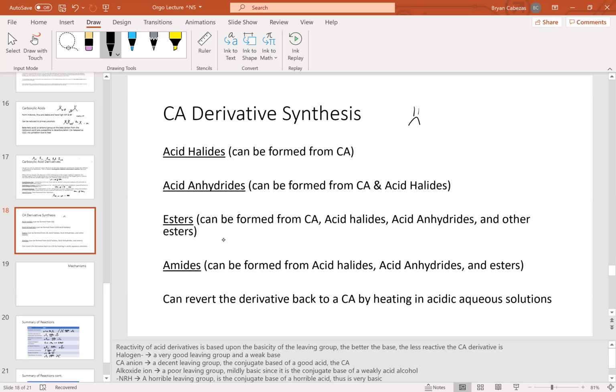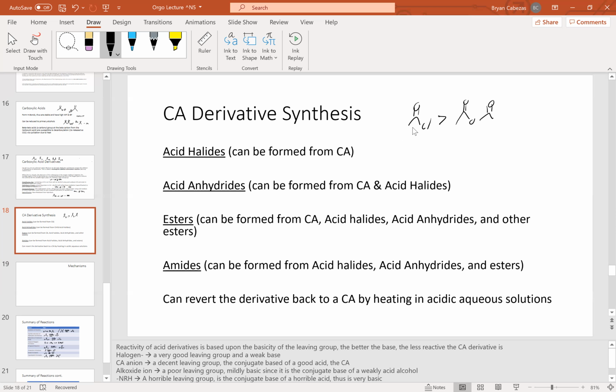and what we find is that the Cl is the most reactive, and that's why the acid anhydrides can form from it. The esters can start off from an acid halide. The amides can interact with an acid halide. Next in the reactivity is the acid anhydride. So we'll find the same pattern: the acid halides can't be formed from an acid anhydride because the acid halide is more reactive than the acid anhydride.